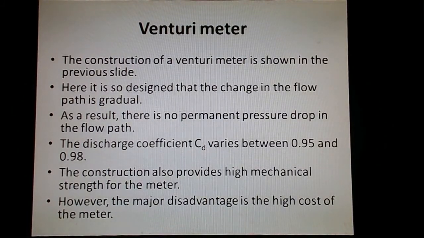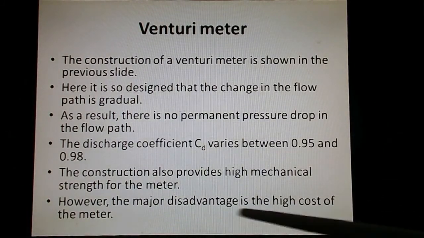Second advantage is that the mechanical strength is high because of the construction, but of course there is a major disadvantage also, and that is the high cost of the meter.